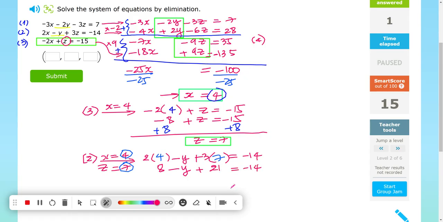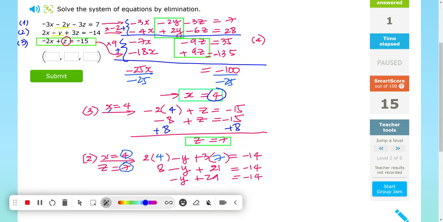Ooh, then 8 and 21 become 29, so subtract y plus 29 equals negative 14. Ooh, the number is getting really big. I suspect something here, so let me double check.